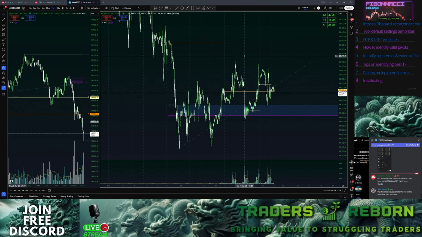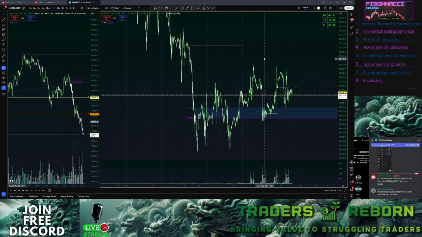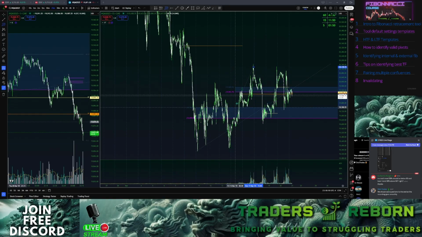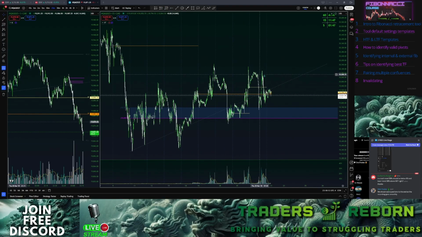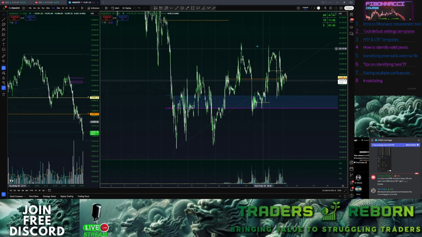Whether you're on Tradovate, Ninja Trader, whatever it is, it's always the same settings. Sometimes you can still keep it at 38%, but you just have to draw it upside down. See right here, the trend is up currently, so I draw it from the top and drag it down to the bottom to get this level right here.